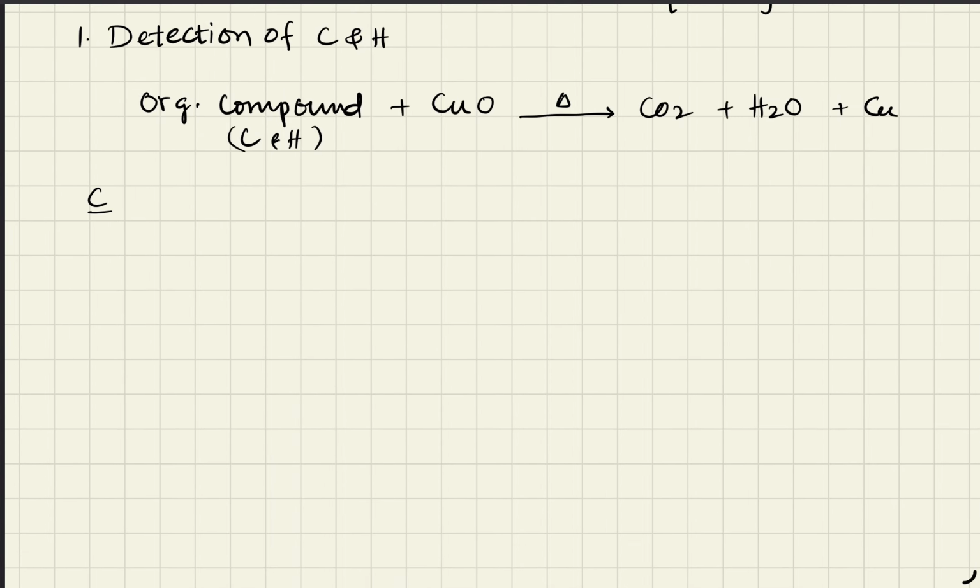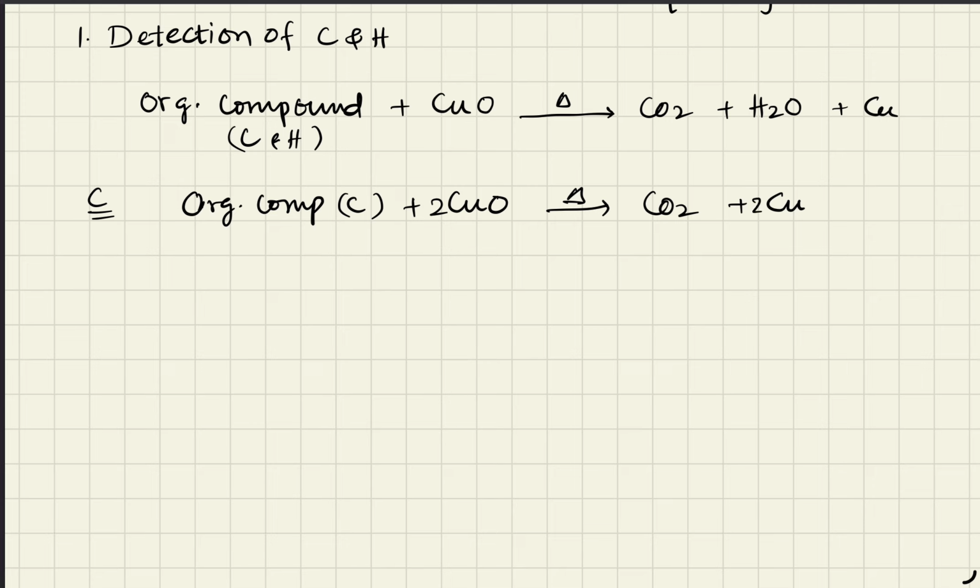For carbon: organic compound containing carbon plus copper oxide, on heating, gives carbon dioxide plus copper. 2 oxygen, therefore 2, then 2 copper.